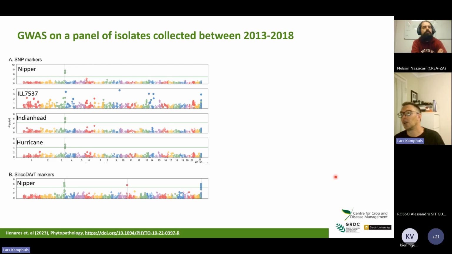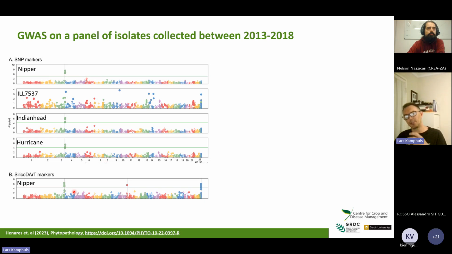And so what we did with a collection of isolates collected between 2013 to 2018 is inoculate about 180 of these isolates on a set of differential lentil genotypes, which are listed here. And what you can see here again is that for both hurricane, Indian head, and Nipah, there's a strong association with that locus on chromosome 3 that we previously identified to carry the ALAVR1 resistance gene.